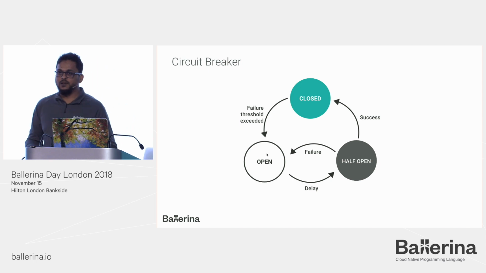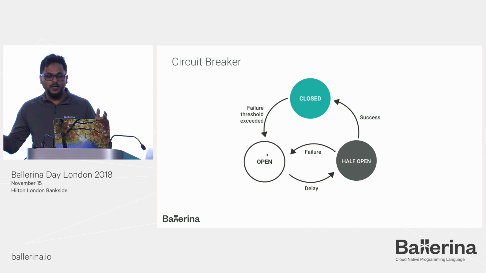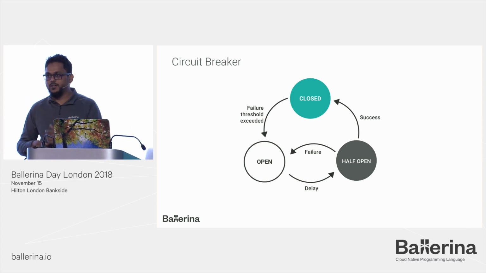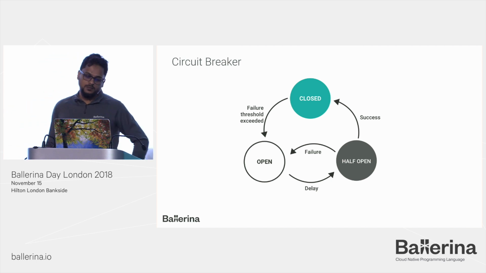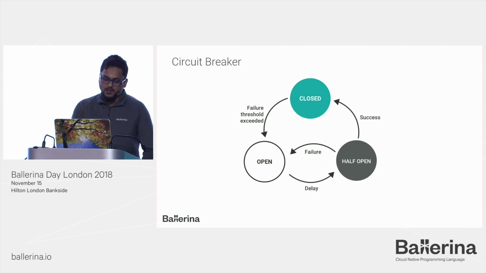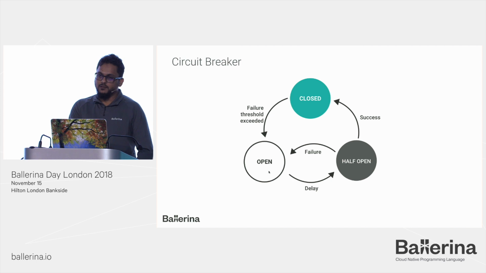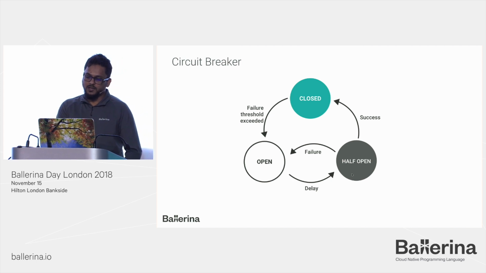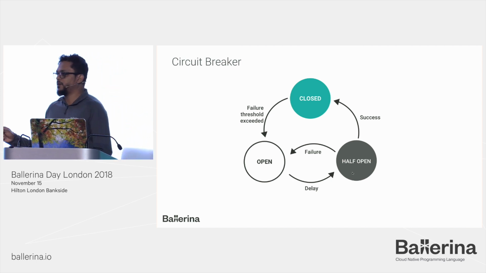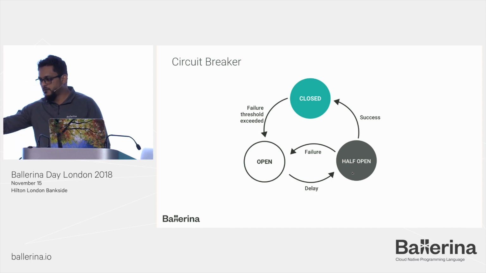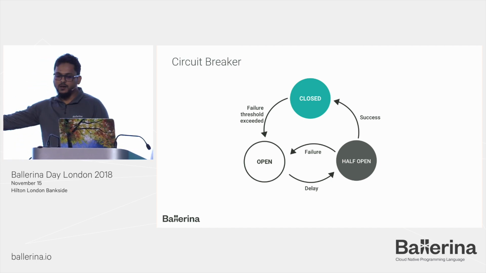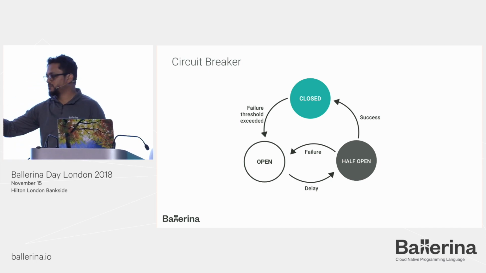Once the circuit goes into open state, it's no longer connected, so traffic will not be routed to the backend service, right? Then after a certain delay, the circuit will go into a half open state, at which point you will send one request to that particular backend and see whether it responds properly.